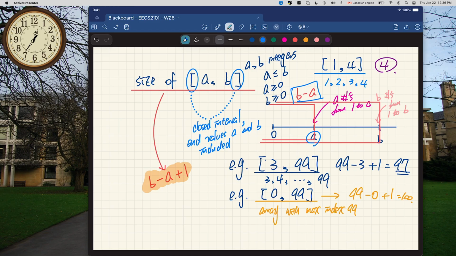If I say B minus A here, somehow A is excluded. And it should be added back. Okay, so that is why this formula here has plus 1.